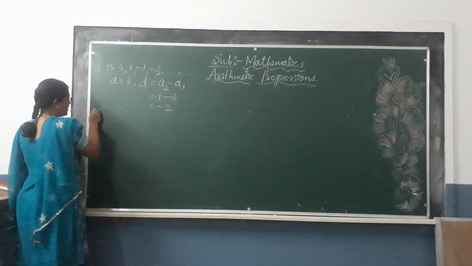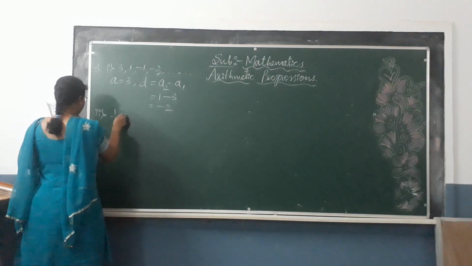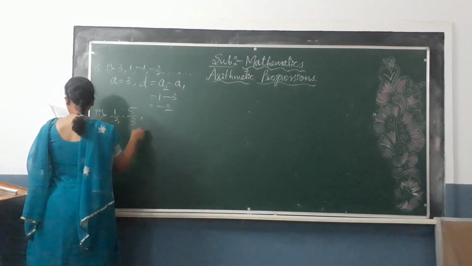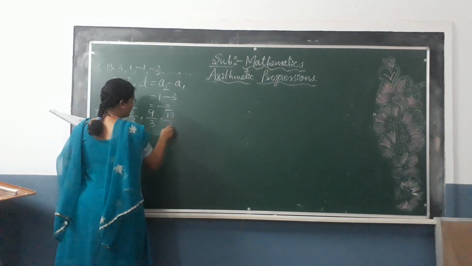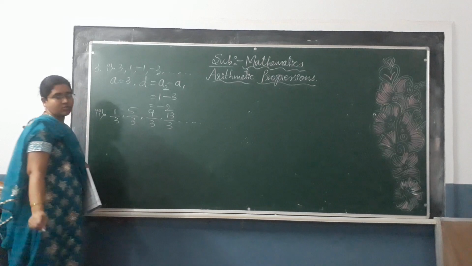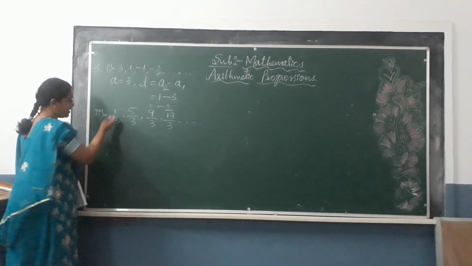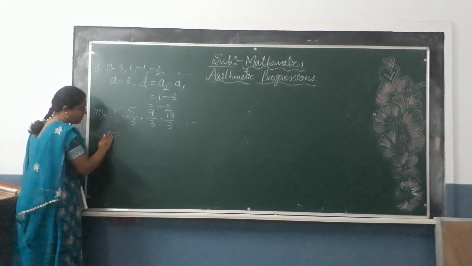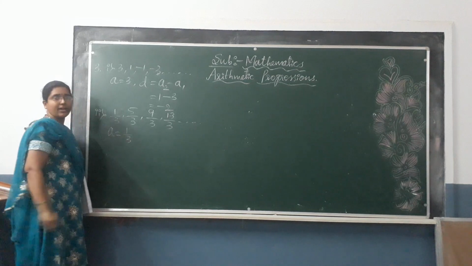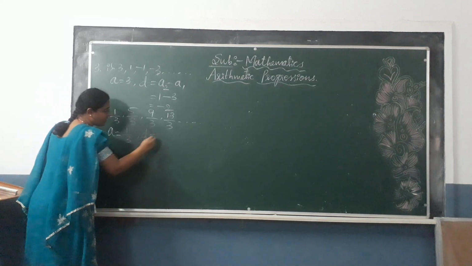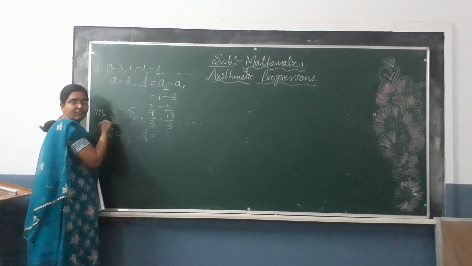Like this only, let us solve one more problem, that is 1/3, 5/3, 9/3, 13/3. In this series also we have to find the first term and also the common difference. The first number itself is the first term, that is a equals 1/3, and common difference d equals the difference between the second term and the first term.